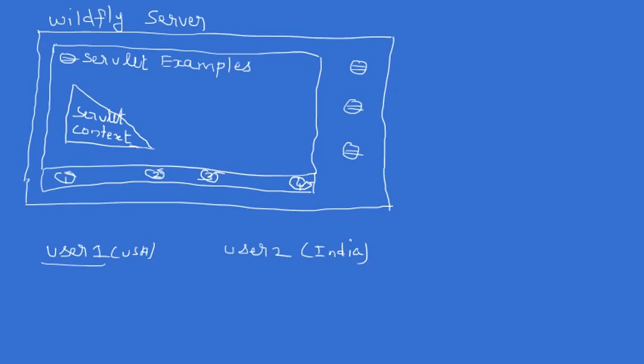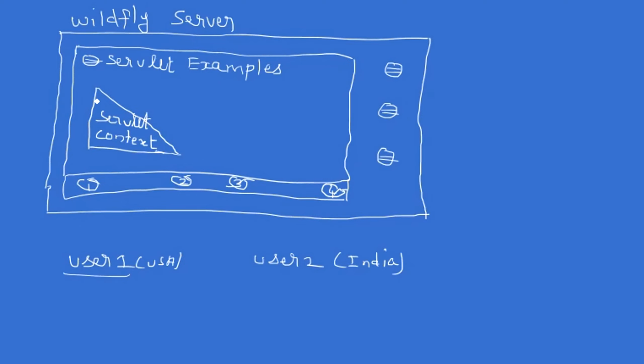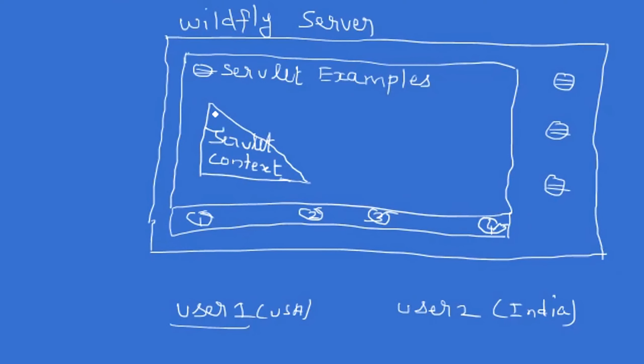So in the previous sub-series, we looked into the servlet context object. In servlet context, we store multiple attributes. And we also saw all the servlets share the same servlet context. Now let us see this from the user perspective. There are two users accessing the servlet context.